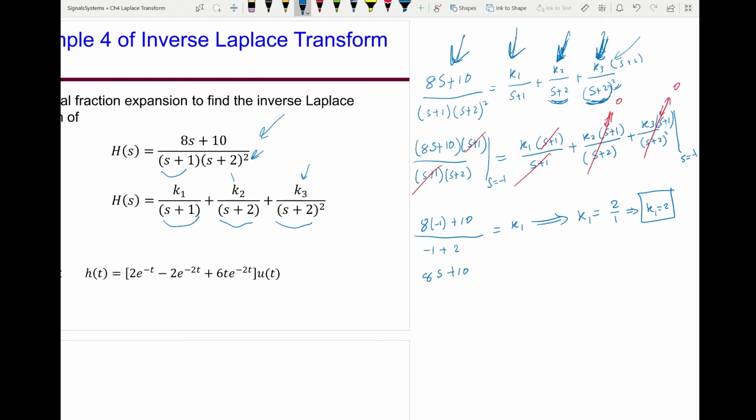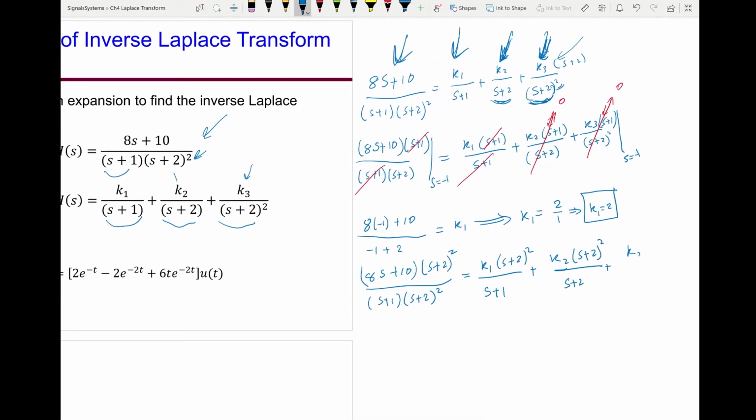8s plus 10, there is a square here. I'm multiplying everything by s plus 2 squared. And then you set s equal to minus 2. When you do this, this will cancel here, and this will cancel this, so k3 will survive. k1 and k2 terms will be set to 0 when you set s equal to minus 2.